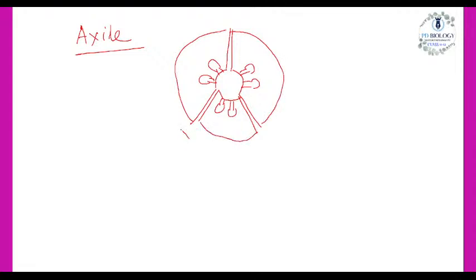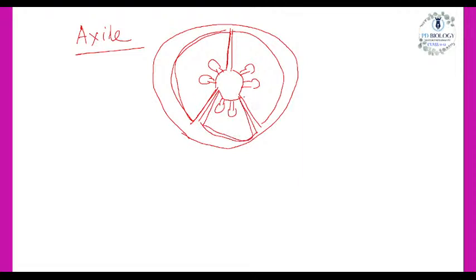In this way you can remember that it is axile placentation. Ovules are attached in a multilocular ovary. The ovules are there in a multilocular ovary. That is axile. That is found in China rose, in tomato, in lemon. These are common.